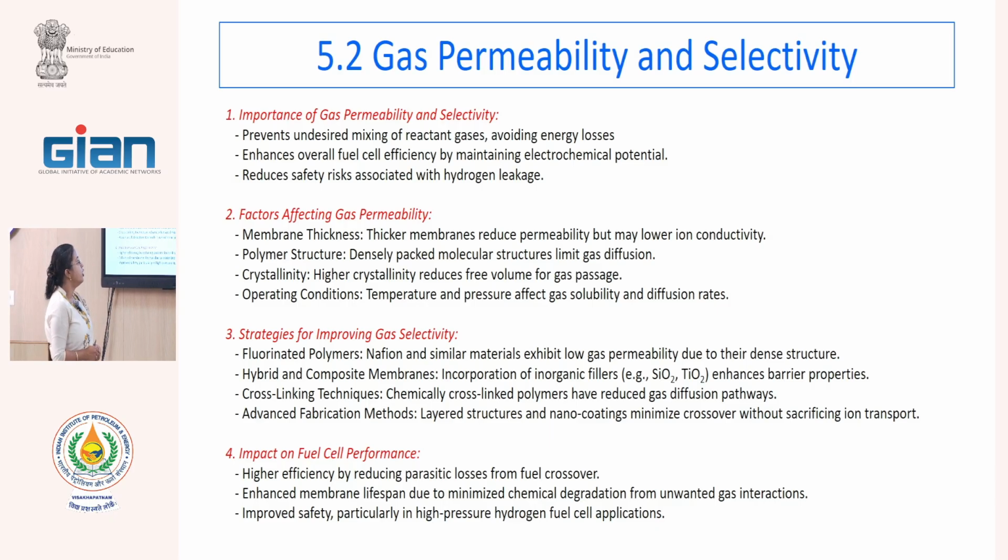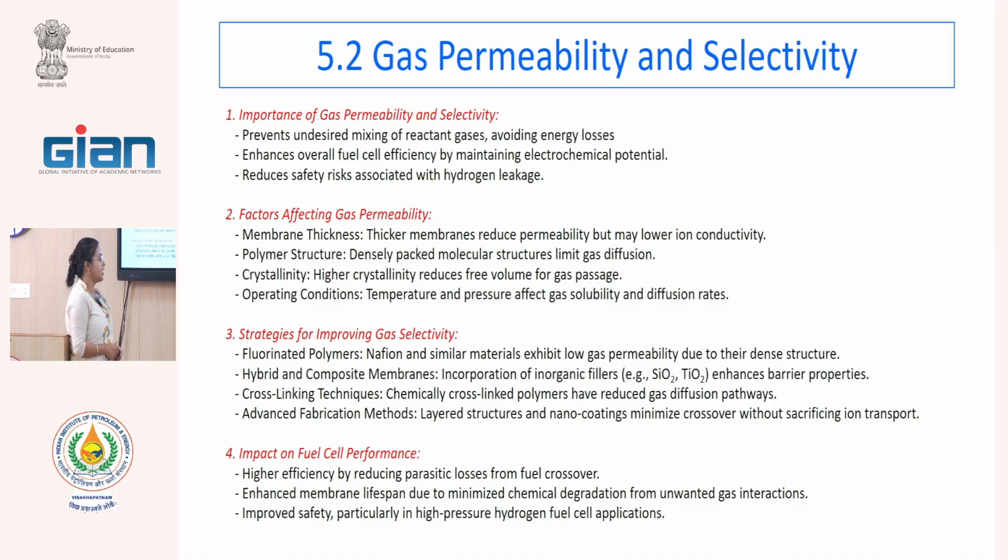So, what are the strategies for composite membranes? We can use fluorinated polymer. Nafion is a fluorinated polymer, and that is why we have very good conductivity of this material, but if we impart it with an even more conducting material, that gives more selectivity and it will act better.